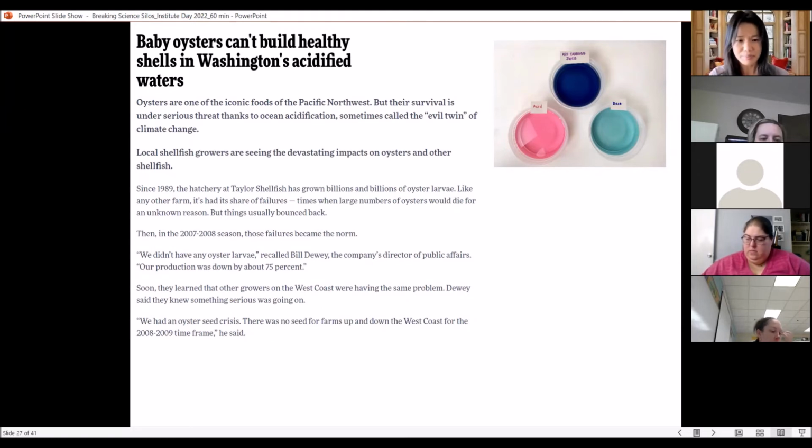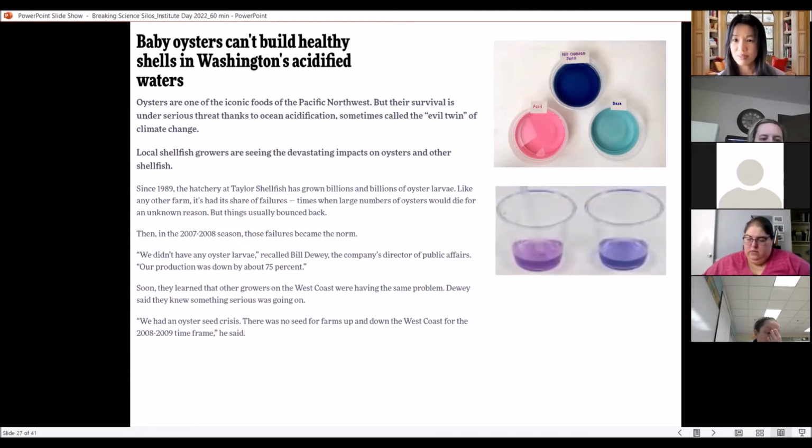To tie that in to the next part, okay, so how does it have to do with our oceans, right? You can again use red cabbage juice or another indicator and have students blow through a straw into that solution. And what will happen is that the carbon dioxide that they breathe out will acidify the water and red cabbage solution, and it'll turn it more towards the pinkish end.